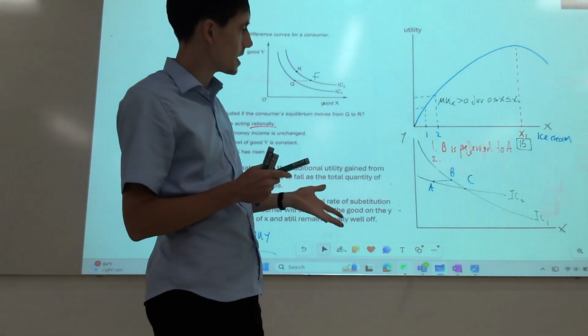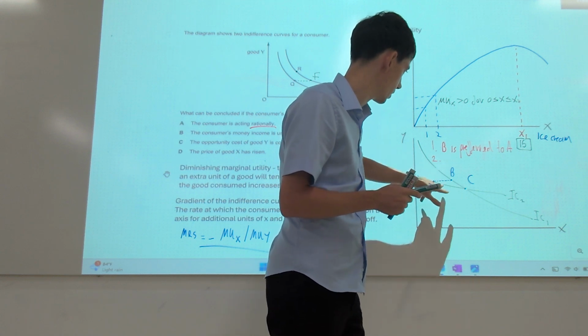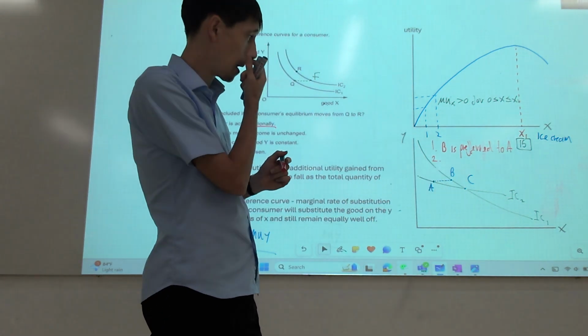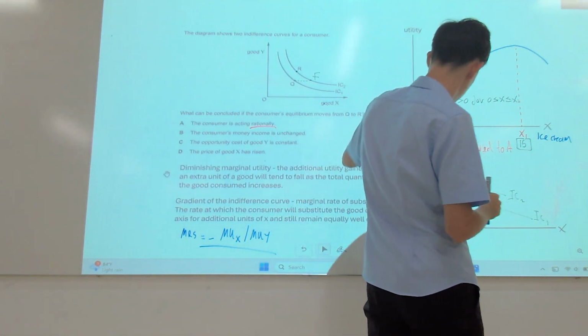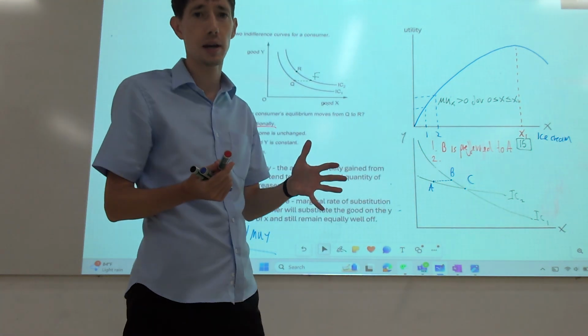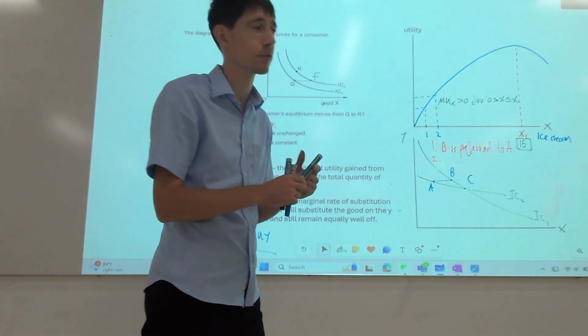Because C and B are on the same indifference curve, and A and C are on the same indifference curve, it must also be the case that the consumer is indifferent between B and A. But if you're indifferent between B and A, then B is not preferred to A, right? You don't prefer either.